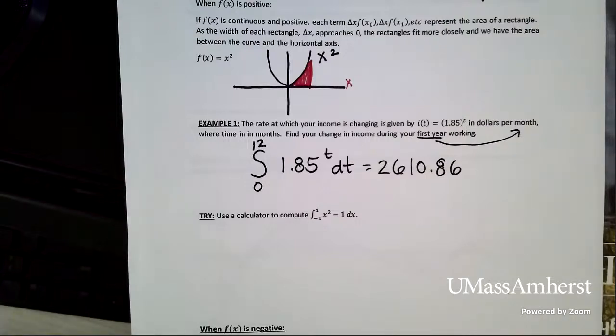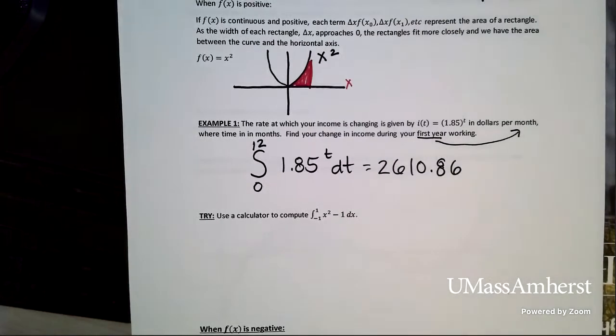Now, if we were to calculate the integral from -1 to 1 of x squared minus 1, this is where things start to get a little more complicated. So if you have a calculator, you can go ahead and enter it there. I'm going to quickly enter it into my calculator so I can show you.